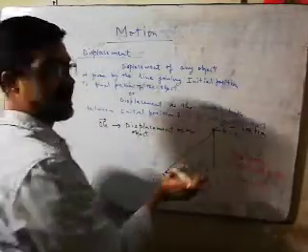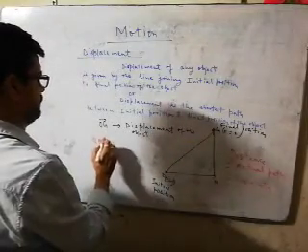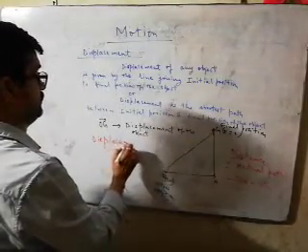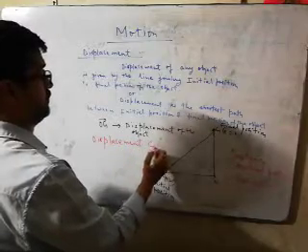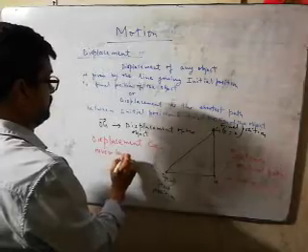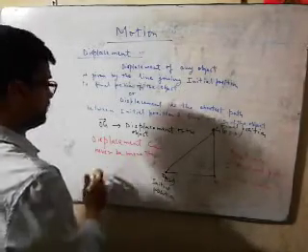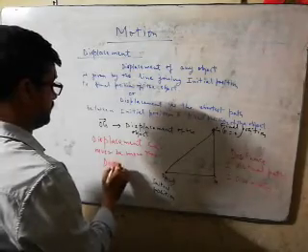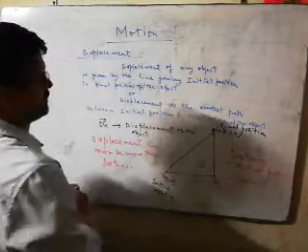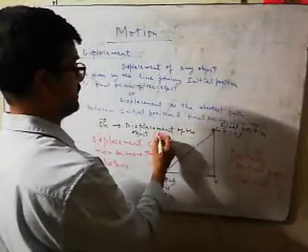Displacement can never be more than distance. Displacement is a vector quantity.